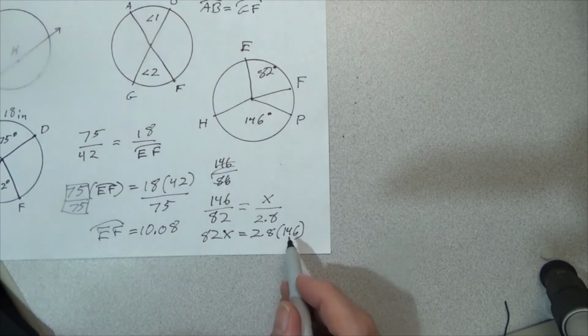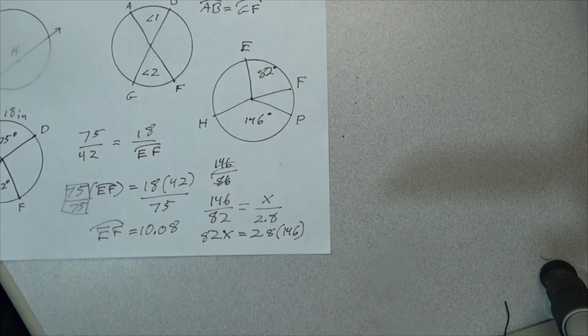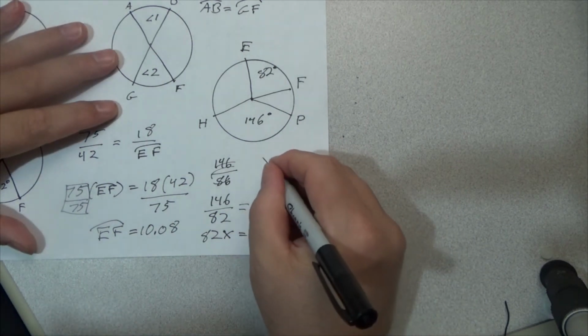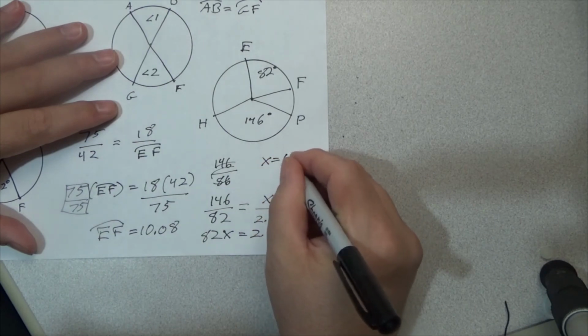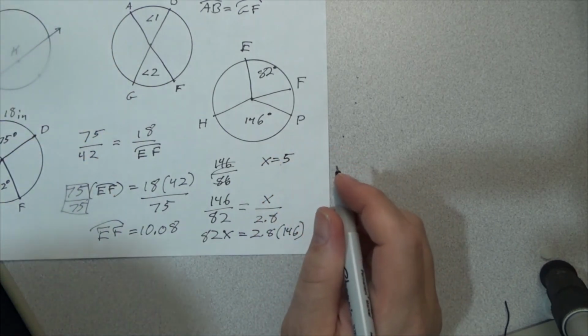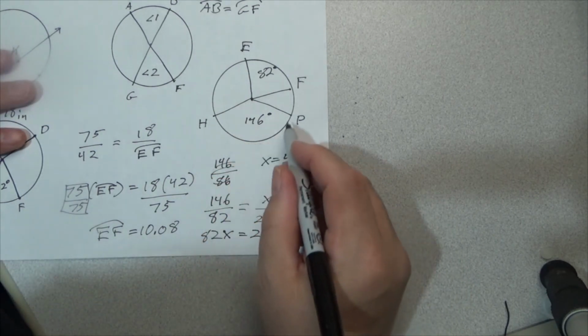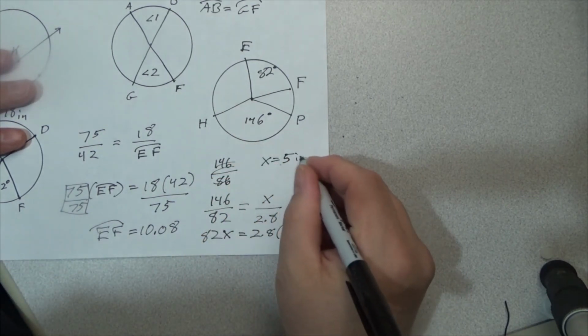This is my numerator, so 2.8 times 146 is 408.8. Now I'm going to divide that by 82, and it rounds to 5. So X is equal to 5. That means that arc HP equals 5 inches.